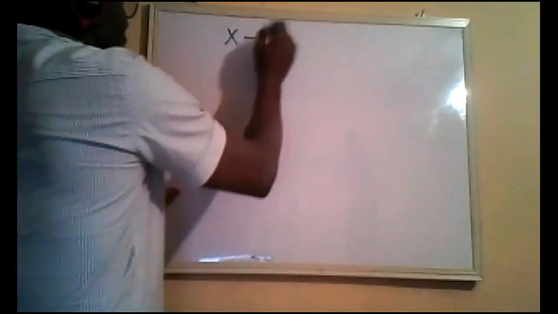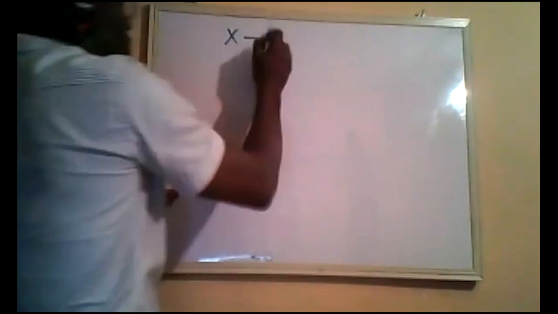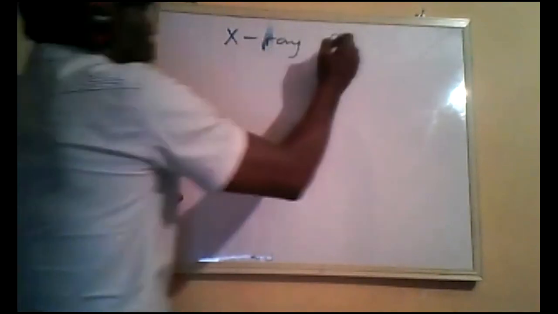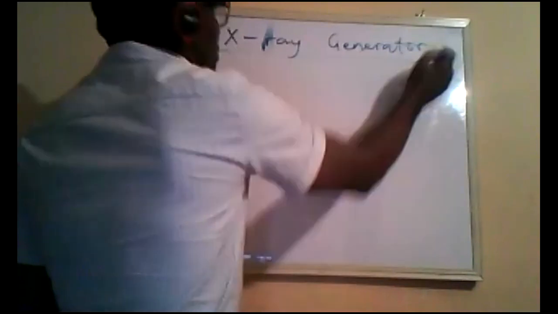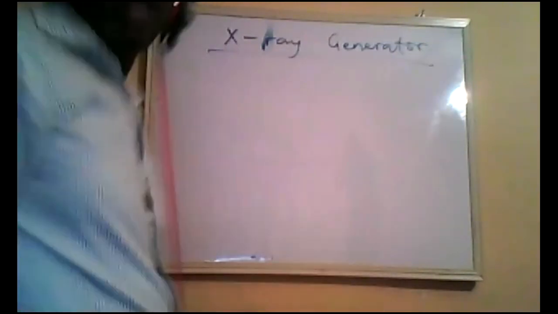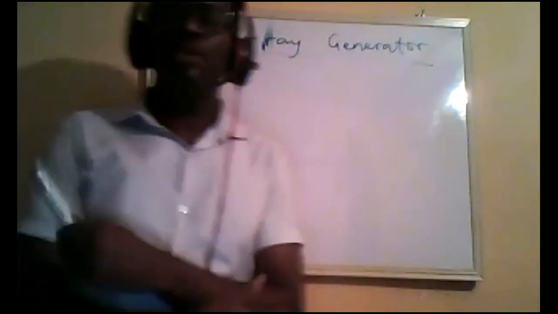So we have the two types, inherent filtration and added filtration. Then we have our X-ray generator. X-ray generator, this is the powerhouse of our X-ray machine.